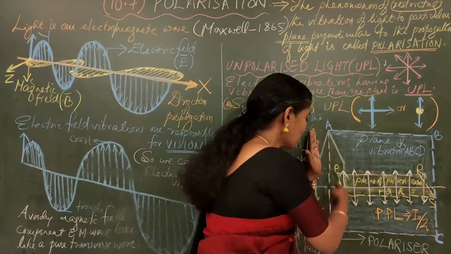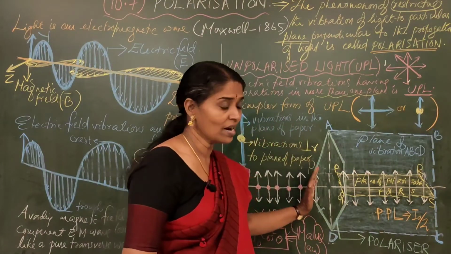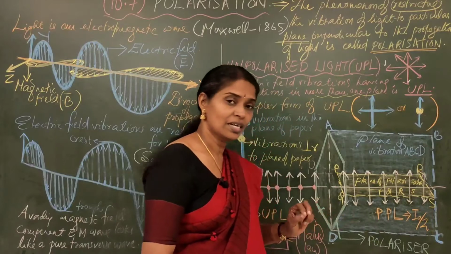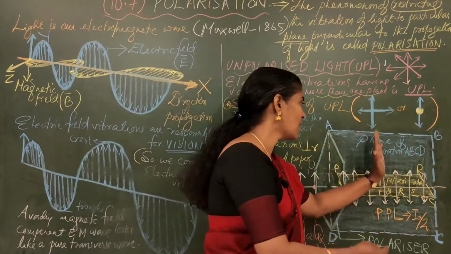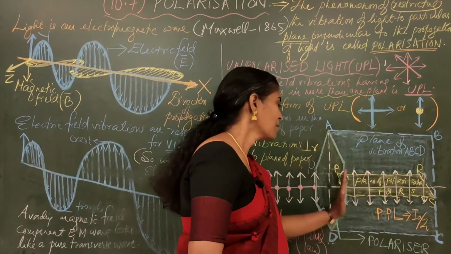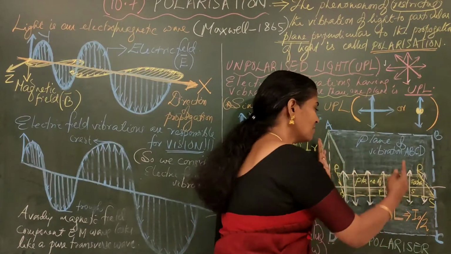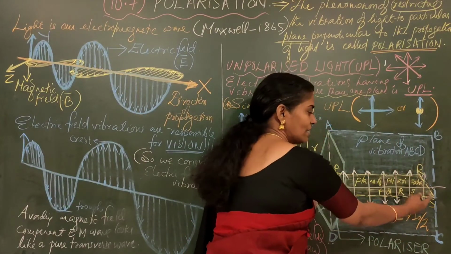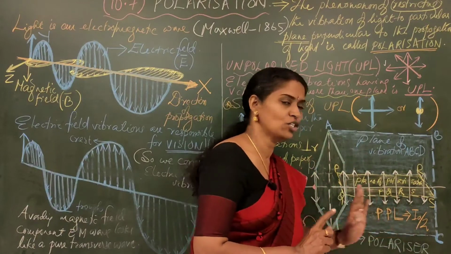If the crystallographic axes of the polarizer and the analyzer are parallel, we say pass axis, and you will get the same intensity I0 by 2.